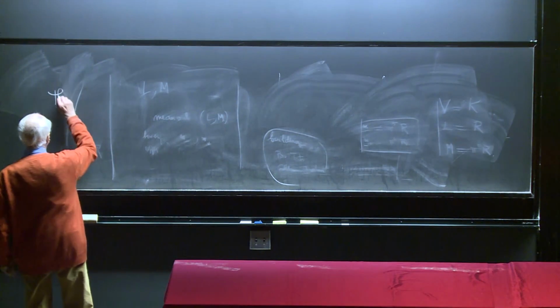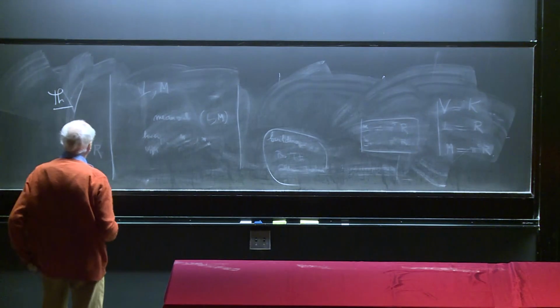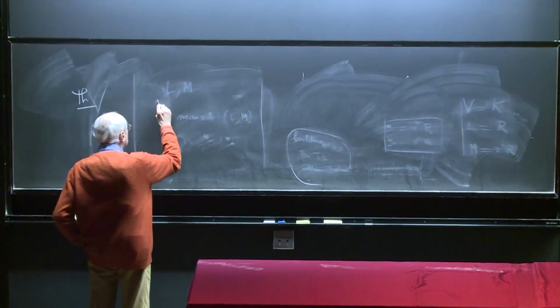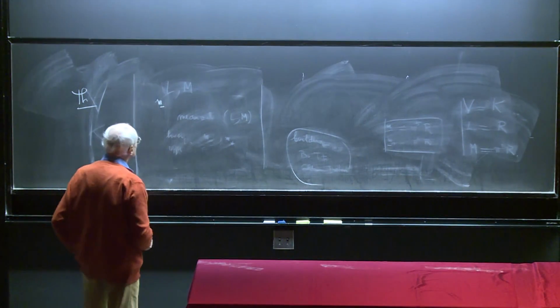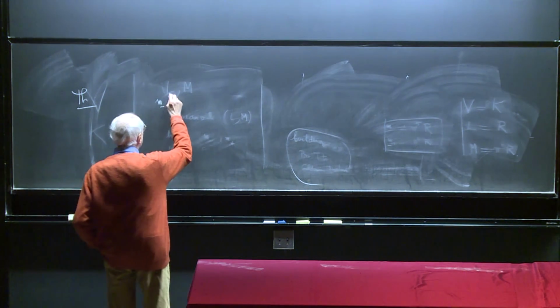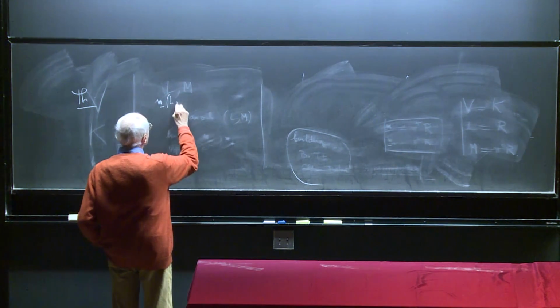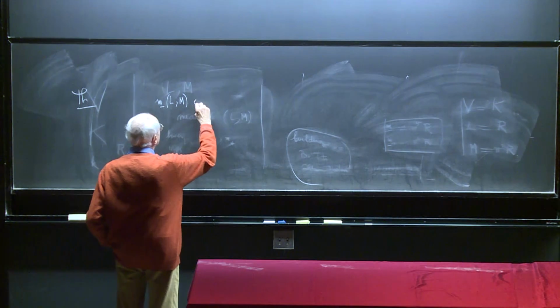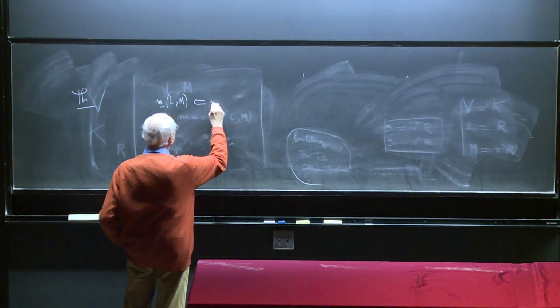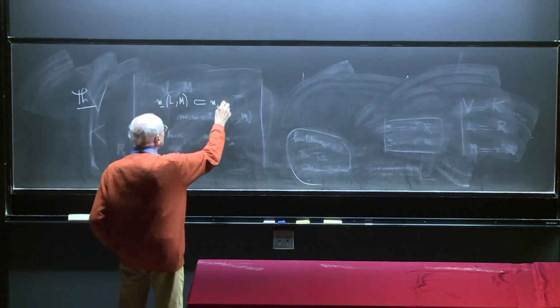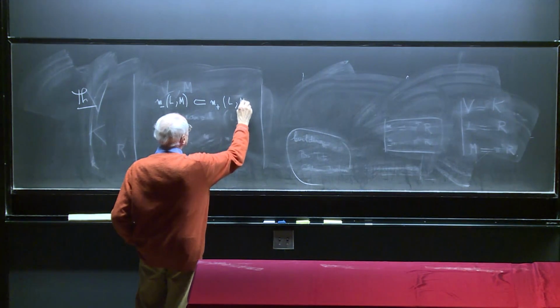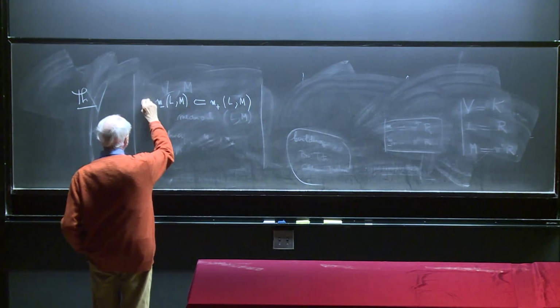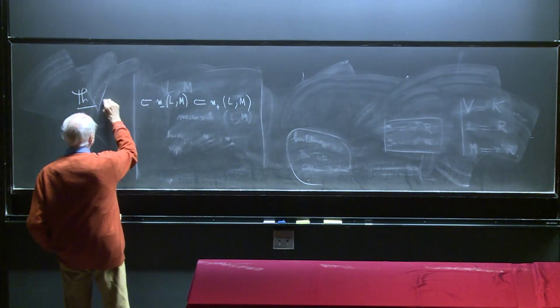So you have the following. The smaller, the inf mean M minus of L, M is contained in the plus. Well, we expected that, and not very far; that is the main point.